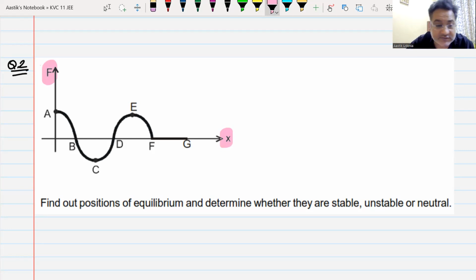This is a force-X graph. B to D stable, sir. B to D, completely stable. What are the points of stable? What are the points of unstable? And what are the points of neutral equilibrium?